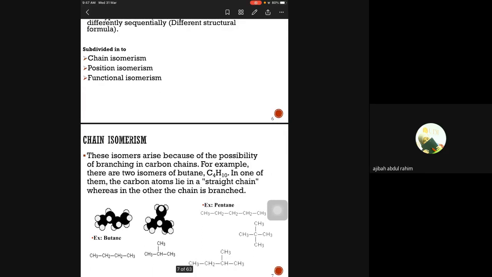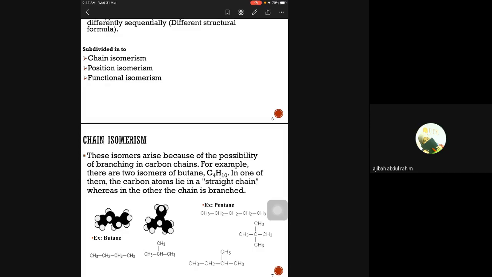And for functional isomerism, they have the same chemical formula, but the functional group is totally different. Like you could have aldehyde and ketone sharing the same number of carbon, hydrogen, and oxygen, or you could have alcohol being the functional isomer of ether as well.